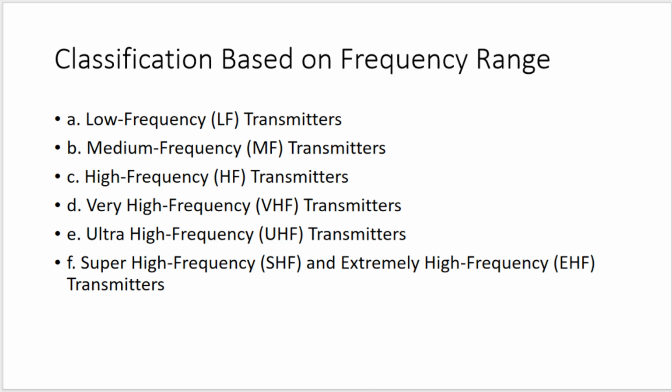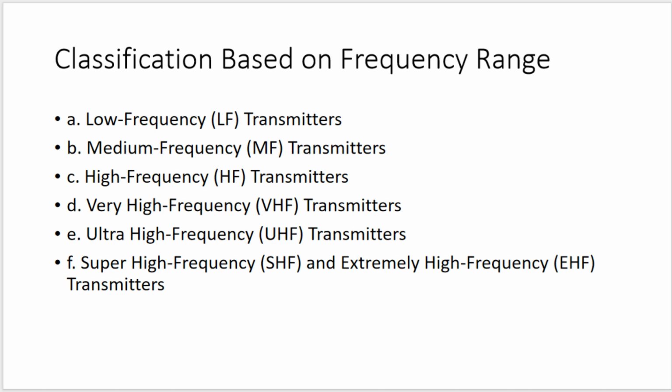A medium frequency transmitter has a frequency range from 300 kilohertz to 3 megahertz, and it is used for AM radio broadcasting.